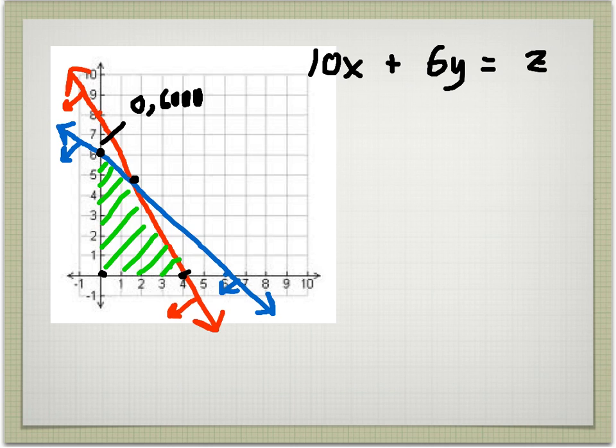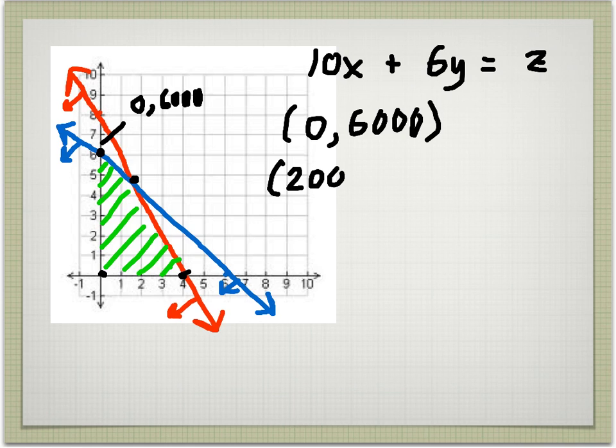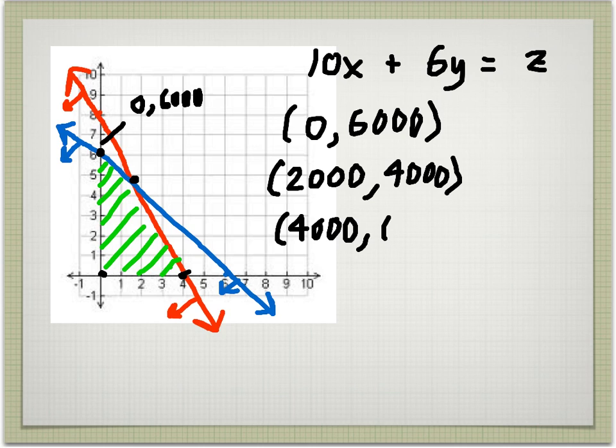And let's see, so I'm just going to write it out like this, I guess, 0, 6,000. My middle point here, even though you can't see it really well, is supposed to be the point 2,000 and 4,000 is what it's supposed to be. Doesn't look too much like that. And my last one here on the x-axis is going to be 4,000 and 0.